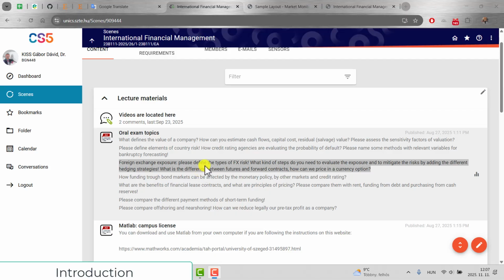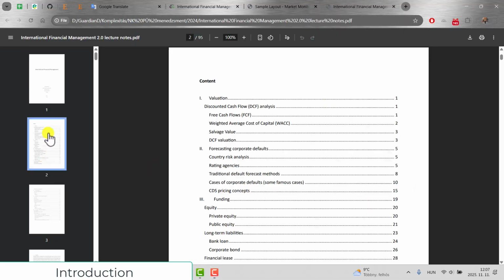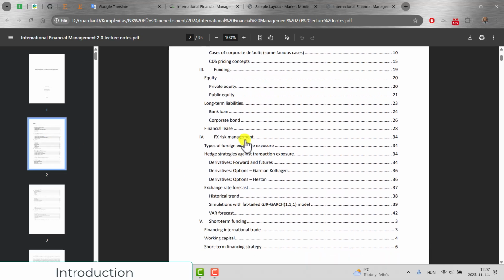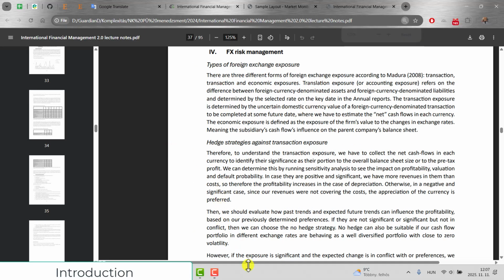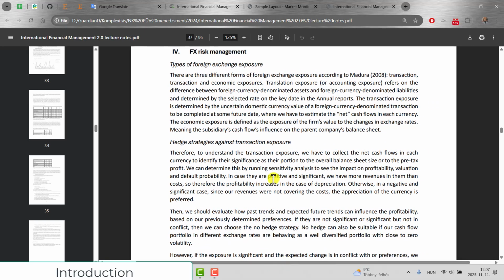Usually this is one of my favorite questions at the final exams, and if we are checking the lecture notes, to be honest, that was the best part of the Jeff Madura book.